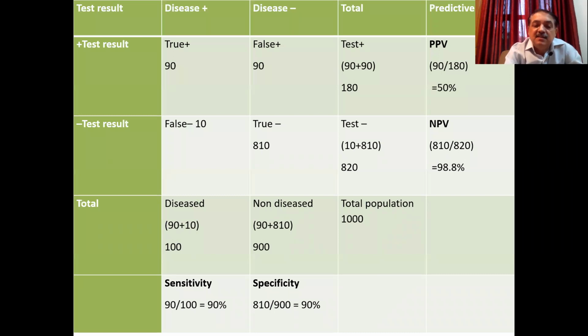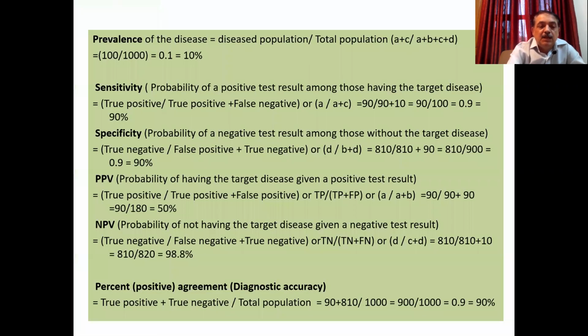This has been explained in this table. We can check again. The true positive are 90 and false positive are 90, and false negative are 10 and true negative are 810. So with that we can calculate predictive values, and that is based on the sensitivity and specificity and the prevalence.